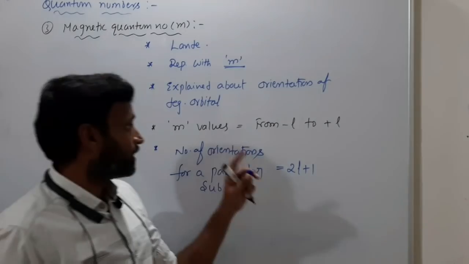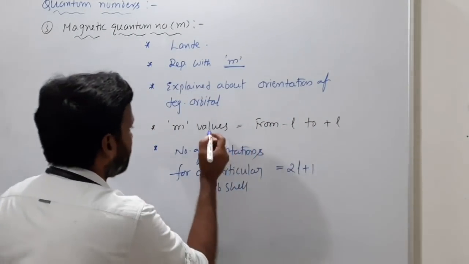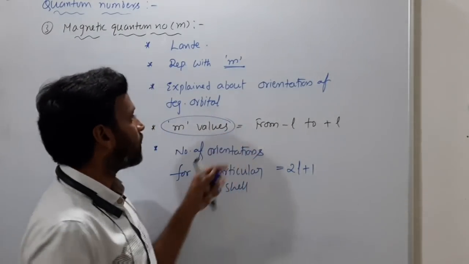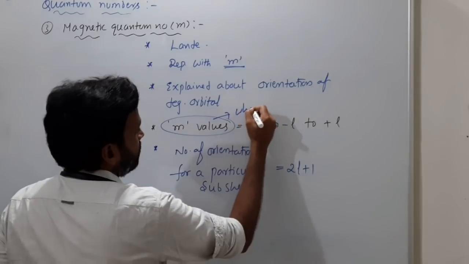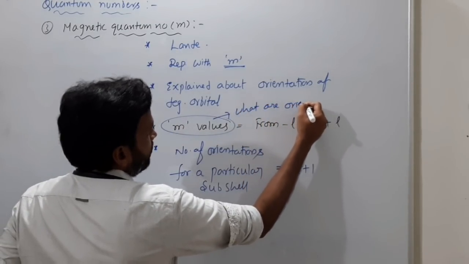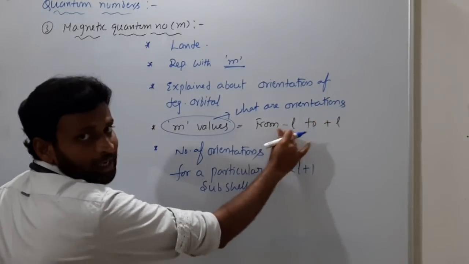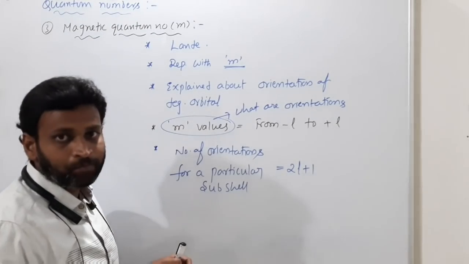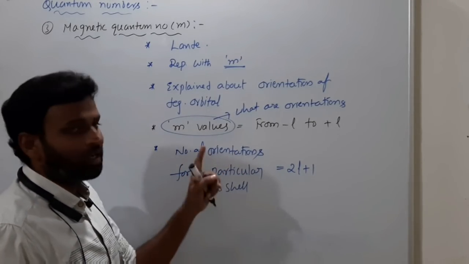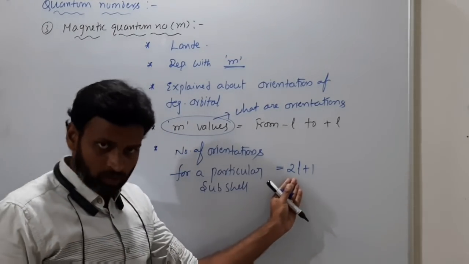What the orientations are can be understood from minus L to plus L, given by the m value. The number of orientations for a particular subshell is simply 2L plus 1, which is an odd number.